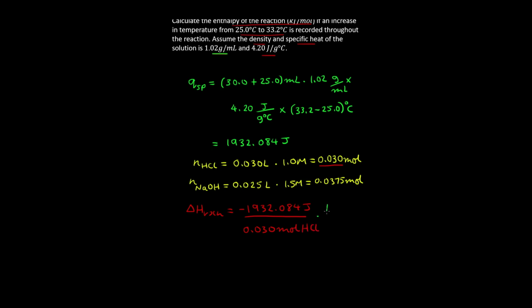And in this problem, we have 1 mole of hydrochloric acid per mole of reaction, and we convert this into kilojoules. Which gives negative 64 kilojoules per mole of reaction using two significant figures.